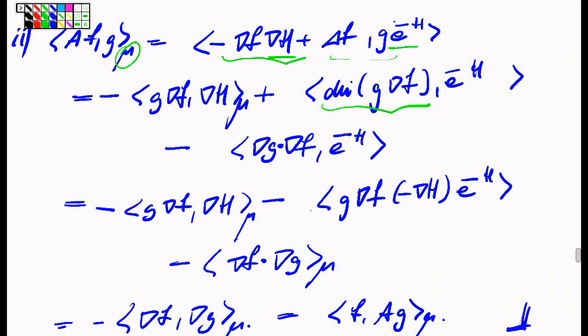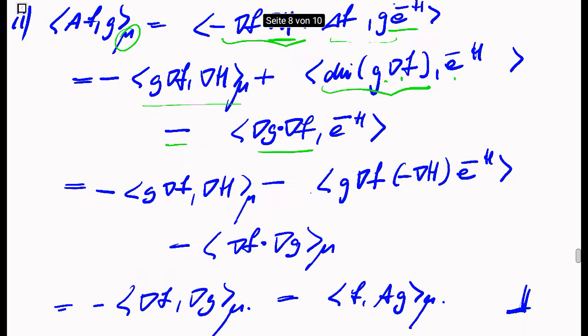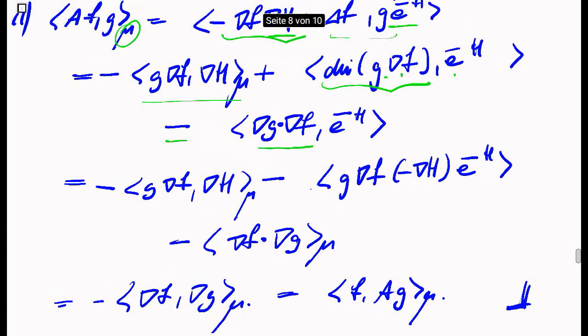That's the term which I had not seen, so therefore that enters here, which is subtracted for a proper identity. And then ultimately I obtain a g times gradient f times the gradient of e to the minus h, which is exactly this term here. So therefore this identity holds true.